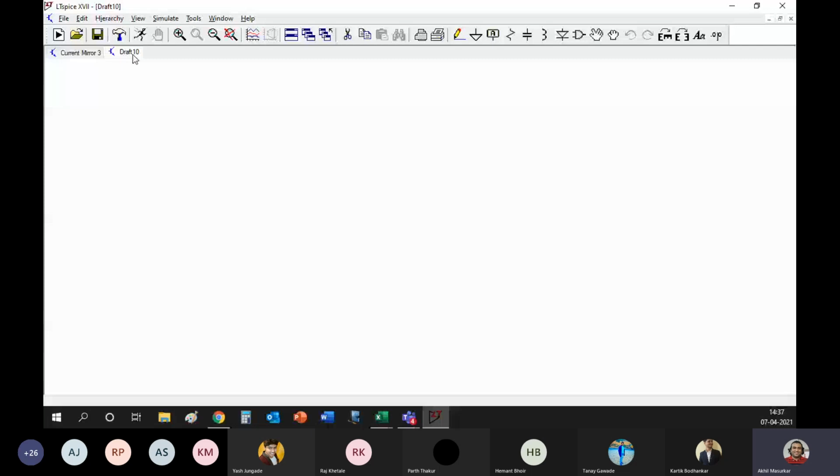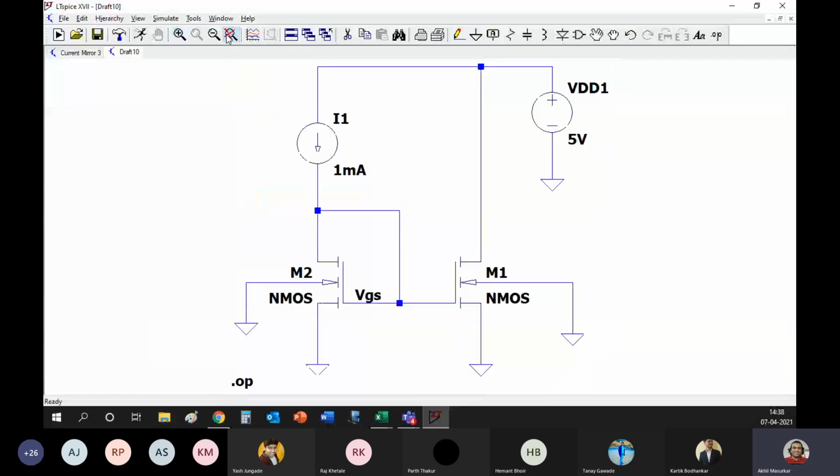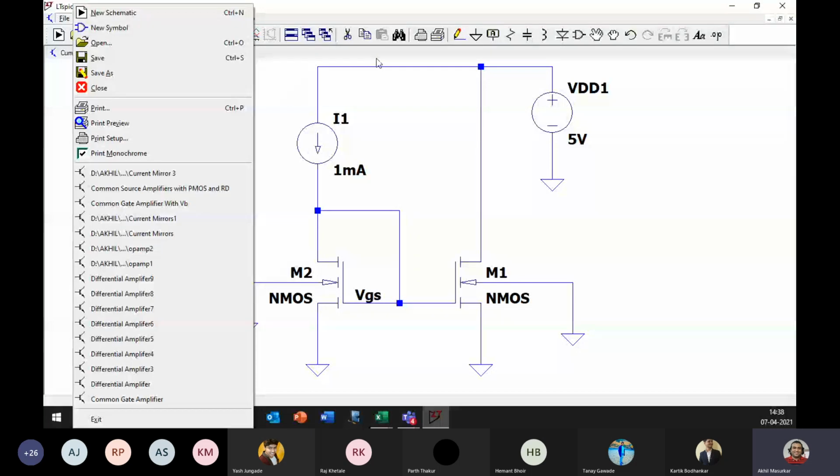And what we will do is view it in this way. Now, here in the same circuit, I'll just zoom in a bit.